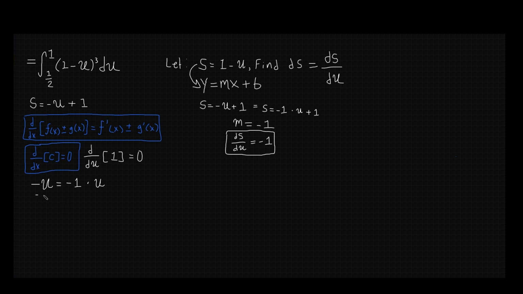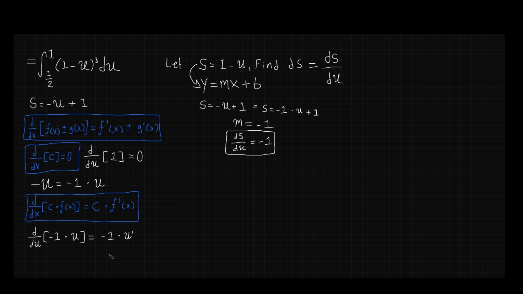And for a situation like this, we're going to apply the constant multiple rule for derivatives. So the constant multiple rule for derivatives is basically saying the derivative of a function times a constant is going to be that constant times the derivative of the function. So let's apply that here.